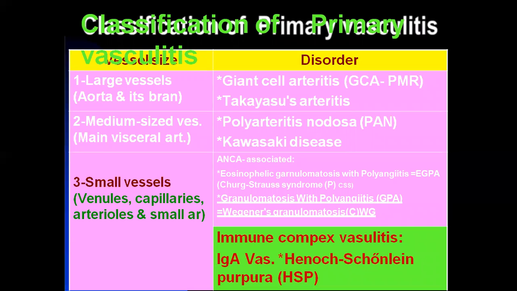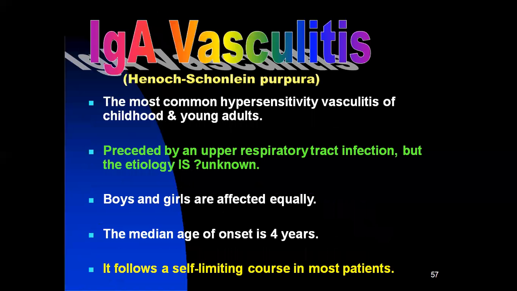Now, considering the classification, we are left with the last category, that is immune complex vasculitis, not showing purpura. IgA vasculitis is an immunoglobulin associated vasculitis.